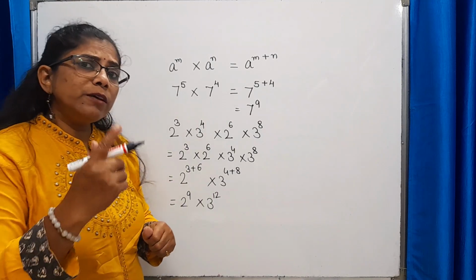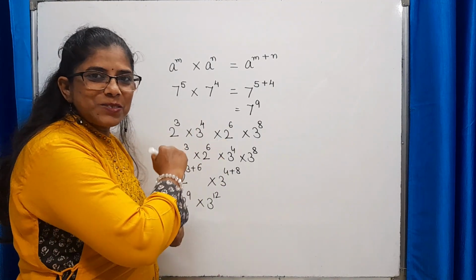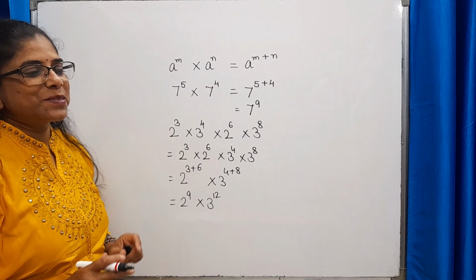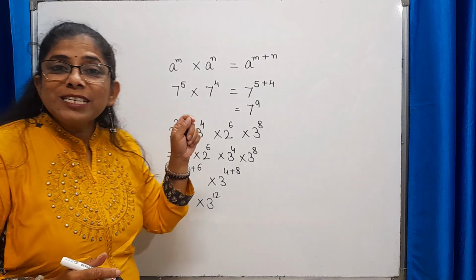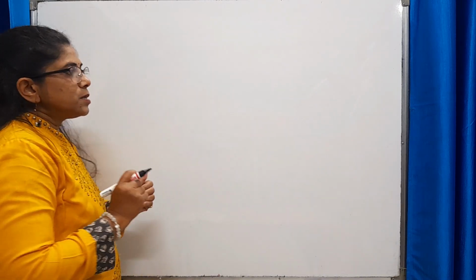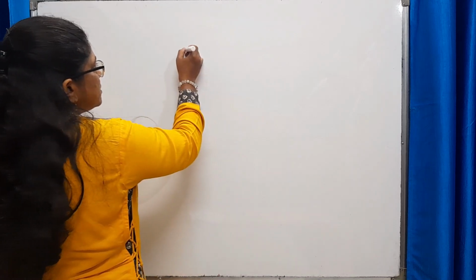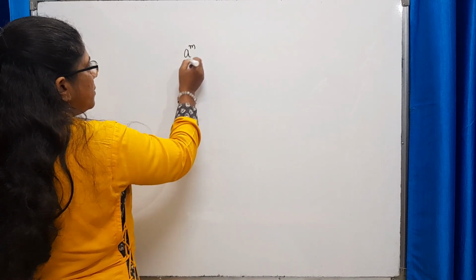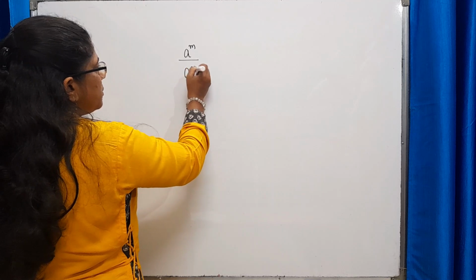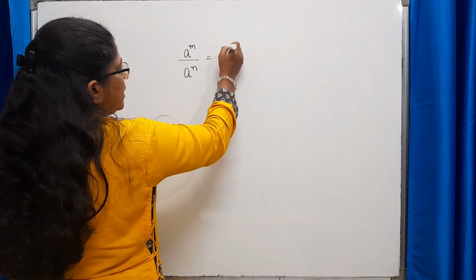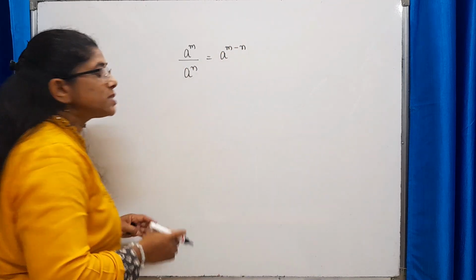Okay, what about division? Our second law is going to help us in division sums. So now let's check what is our second law. Second law of exponent is a to the power of m upon a to the power of n is a to the power of m minus n.